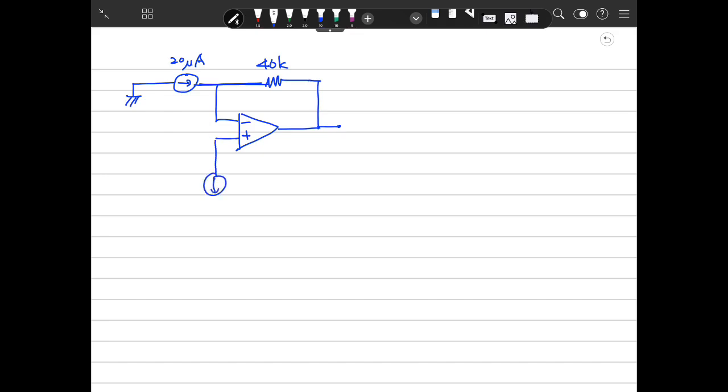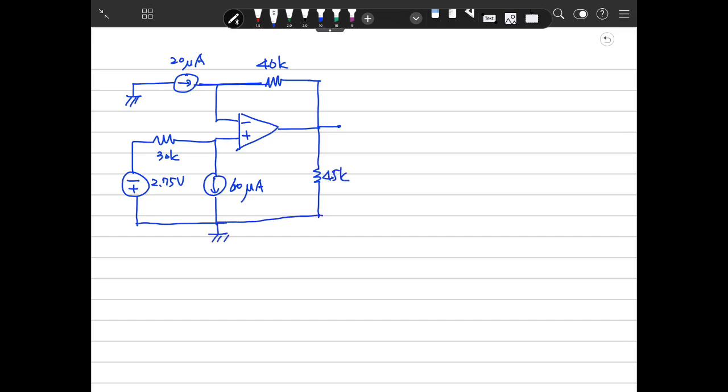The plus is connected here, with a current source of 60 microamperes, and there is one resistor here. This is 30 kilo ohm. Then this junction here is 2.75 volts. This is ground. The resistor here is 45 kilo ohm, and there is another resistor here.